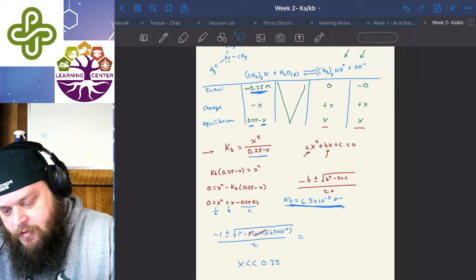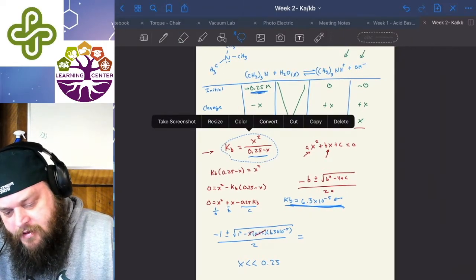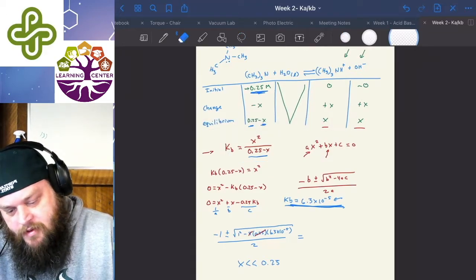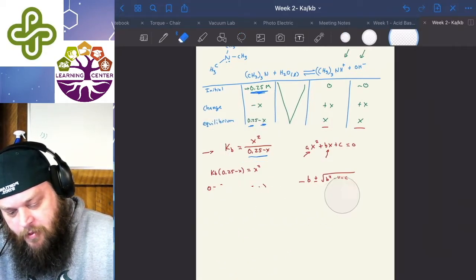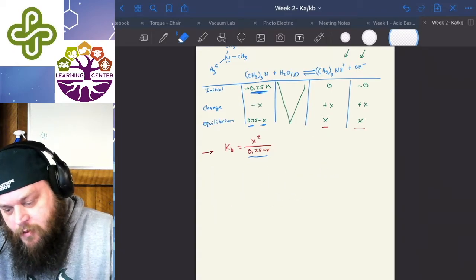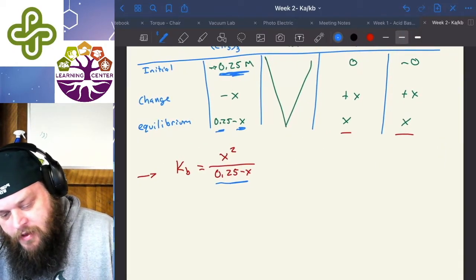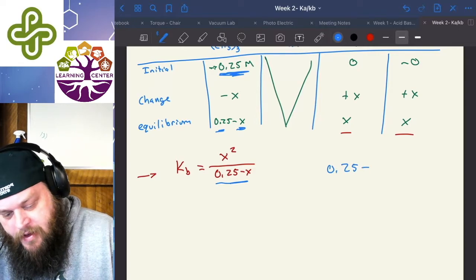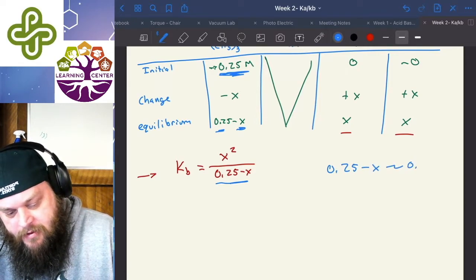So I'm going to copy this. I'll just erase. So instead of doing the quadratic formula for this, they're saying we can assume that 0.25 minus x is essentially 0.25.